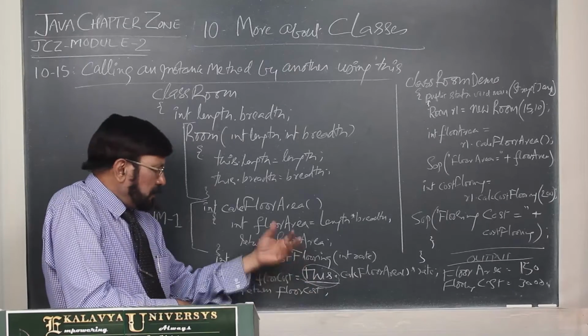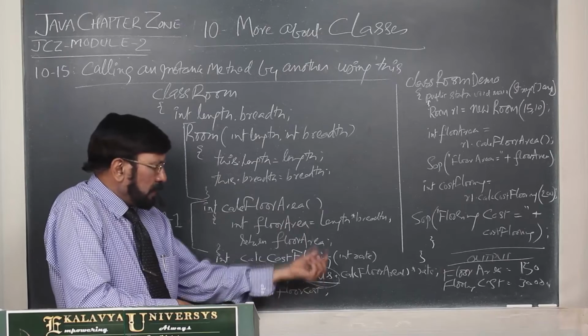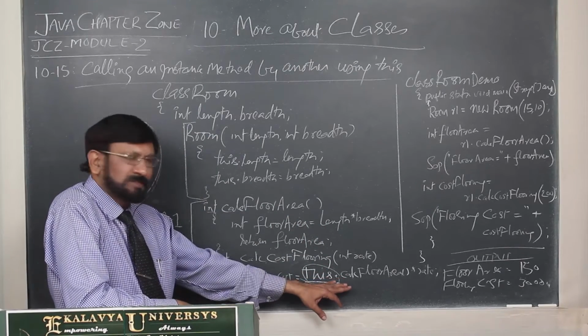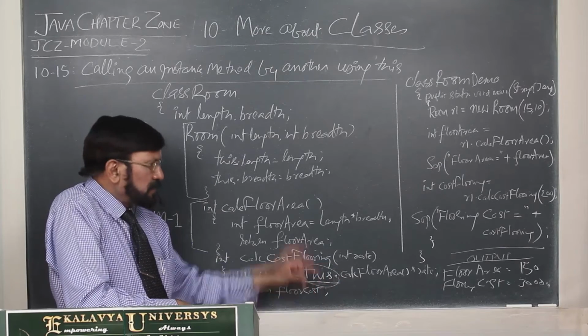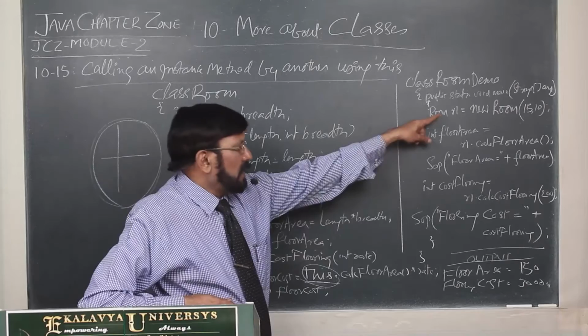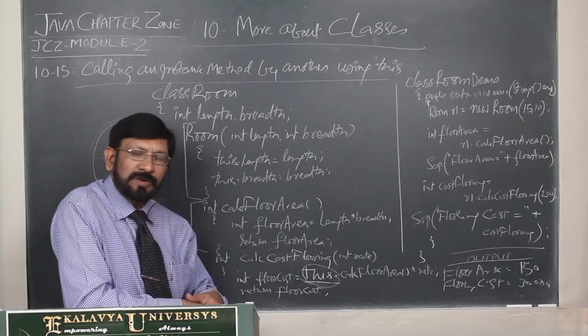But if we have to explain it properly, if we have to write the code formally, you have to use this. This represents the current object. So here the current object is R1. So this is R1.calculateFloorArea.